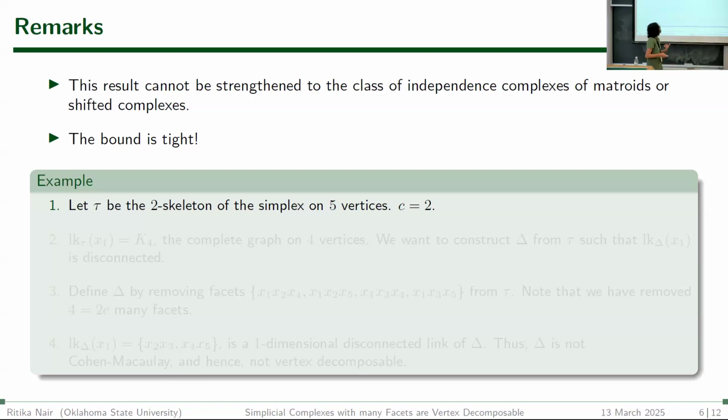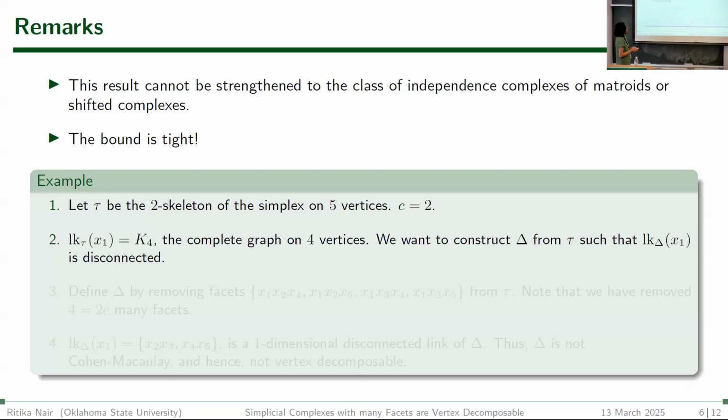That's our plan. Now, the way we remove is, if we consider any vertex, for example, let's choose x1, then look at the link of x1. Since we're considering the complete skeleton, every vertex is attached to every other vertex.